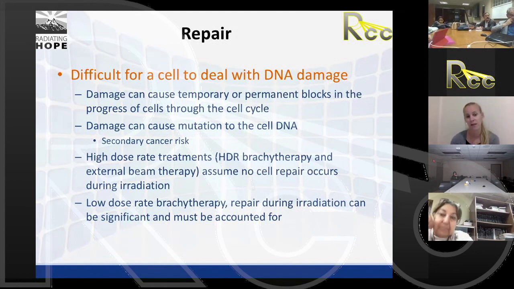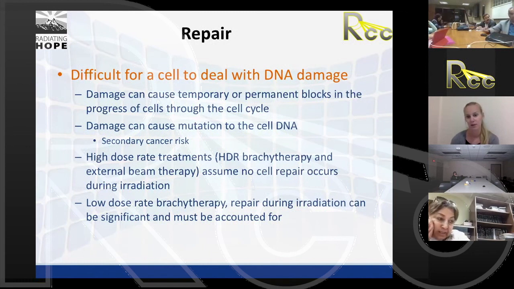Treatments that have a high dose rate, so things like HDR brachytherapy and also external beam radiotherapy, where the dose is delivered in the space of several minutes rather than several hours or days, there is an assumption that there's no cell repair occurring during radiation.